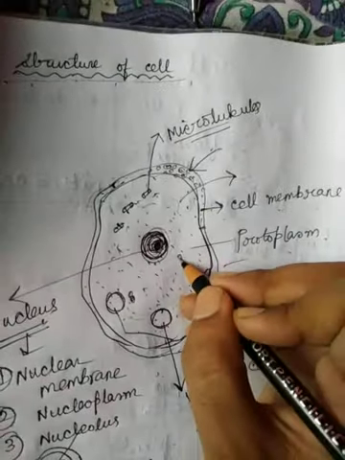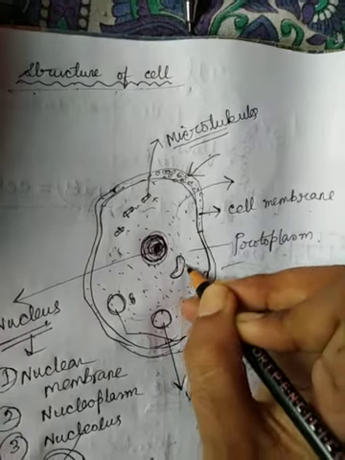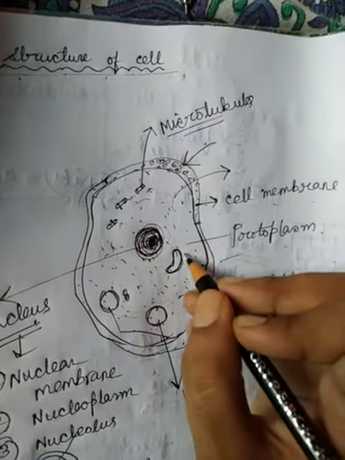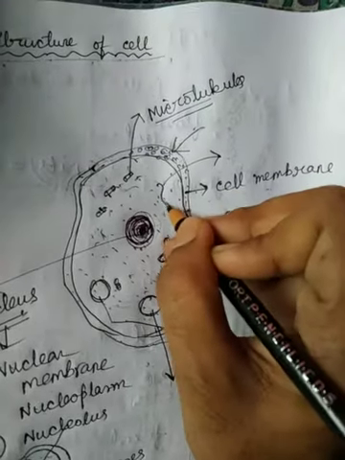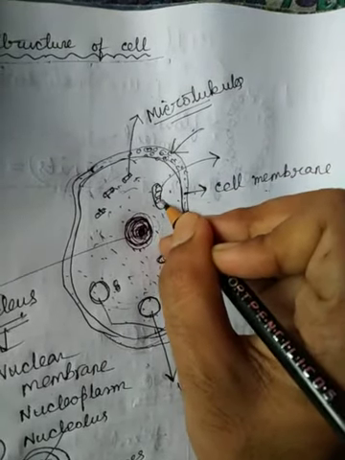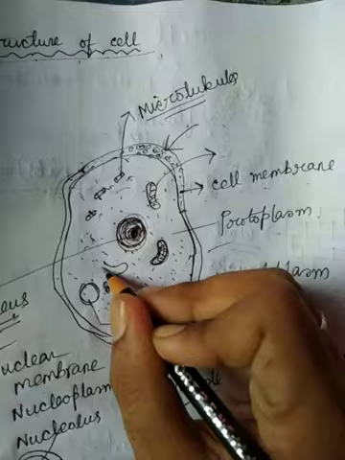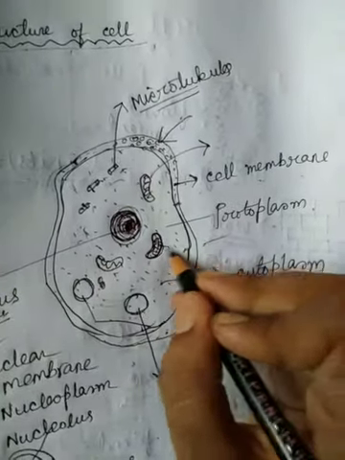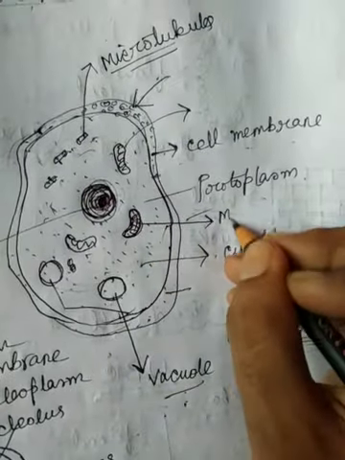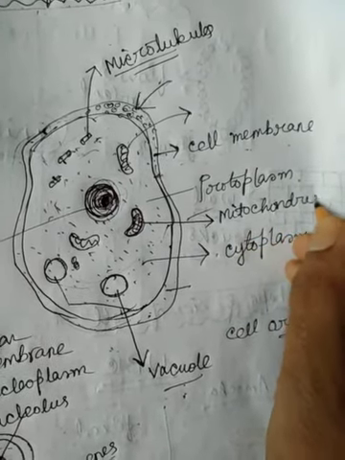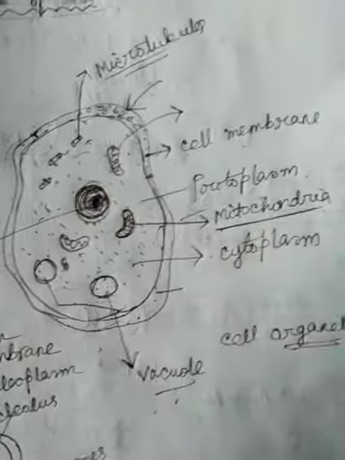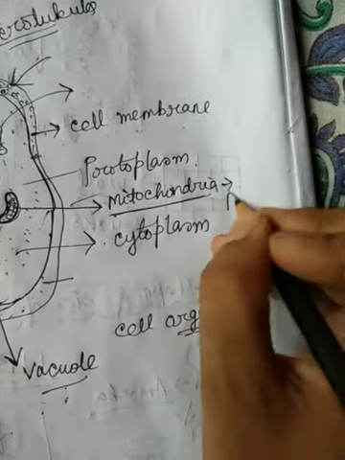Now in the cell there is a curved, spindle-shaped structure. This cell organelle is called the mitochondria. The mitochondria is called the powerhouse.